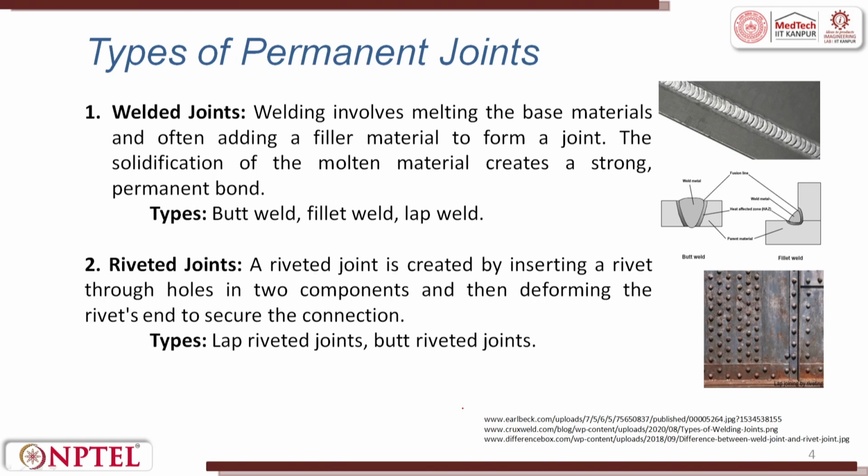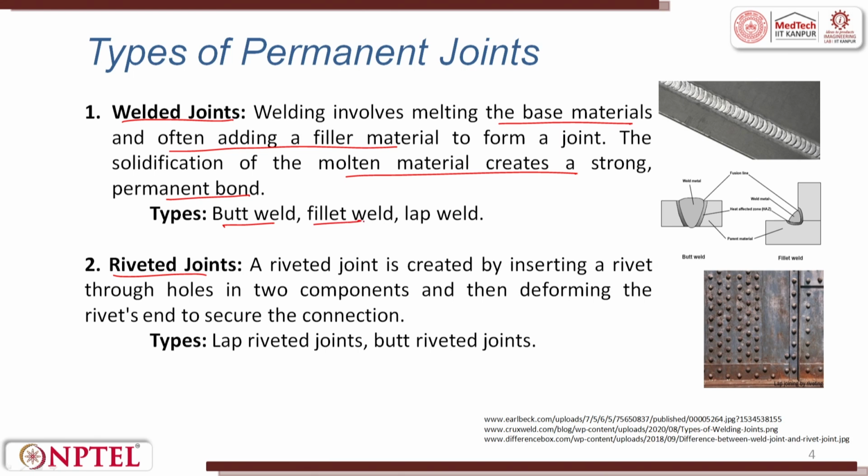Talking about the types of permanent joints, we have welded joints and riveted joints, and then we have glued joints as well. Welding involves melting the base materials and often adding filler material to form a joint. The solidification of molten metal creates a strong permanent bond.